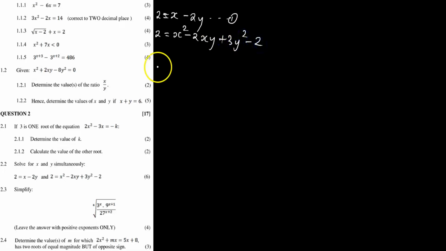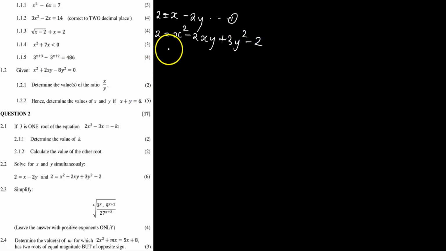So we've got 2 equals x minus 2y. This is equation 1. And then 2 is equal to x squared minus 2xy plus 3y squared minus 2.